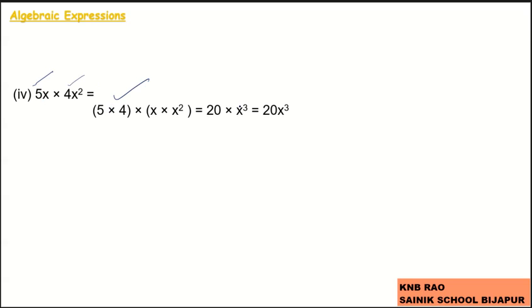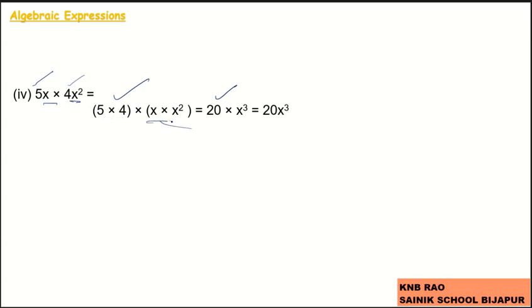Then coming to some more examples. How do we do 5x into 4x square? 5x into 4x square is nothing but first I will multiply coefficients 5 into 4, which gives me 20, and I will multiply numerical portions separately, variable portions separately.